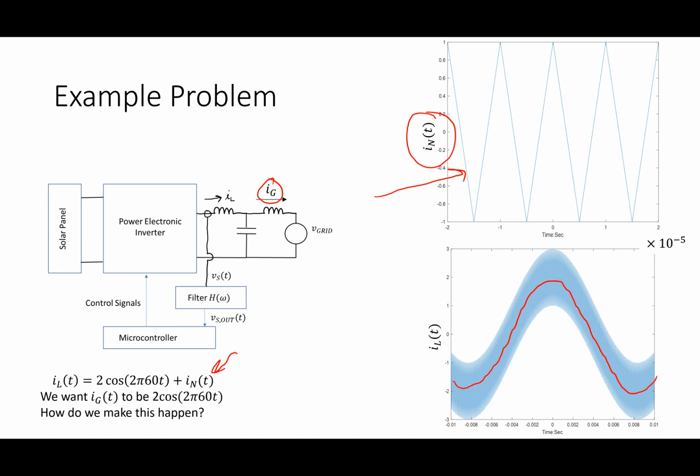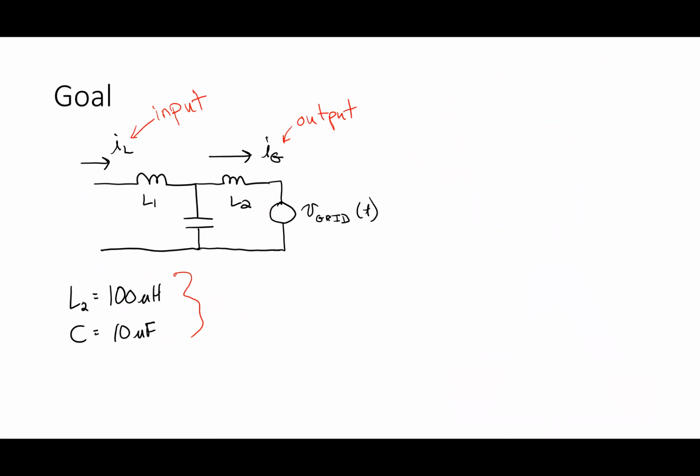If I look at what's happening here, this L2 and this capacitor are in parallel with each other, all right? There's that V grid there, but imagine V grid wasn't there for a second. If C was in parallel with L2, what's clearly true is that some of the current can go through C, some of the current can go through L.